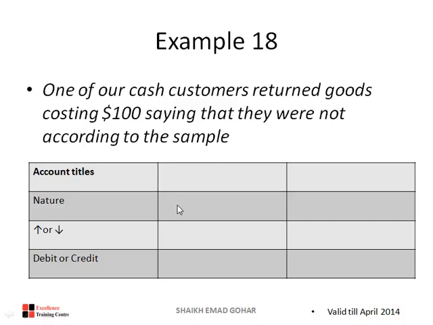One of our cash customers. Now in the previous two examples we have discussed the credit people: one is trade receivables, another is trade payable. But now what if a cash customer or a cash supplier is involved? Very easy.